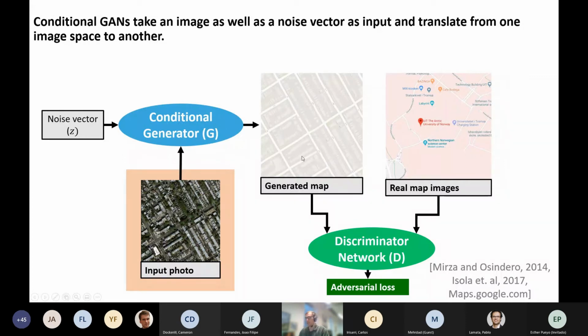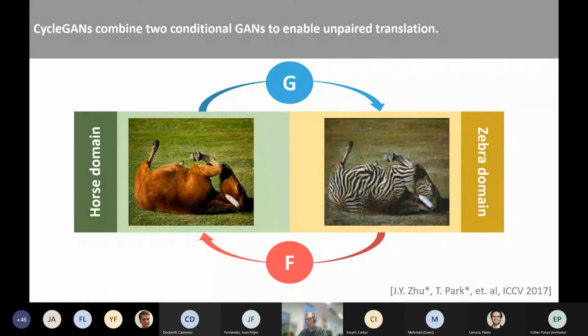So in this case, you might be generating a Google Maps style image from an aerial photograph. And CycleGANs combine two conditional GANs for unpaired translation between two different domains. The authors who originally proposed this showed it for horses versus zebras. They showed that, using these two conditional GANs, they could translate an image of a horse to an image of a zebra, and vice versa, an image from a zebra back to an image of a horse.